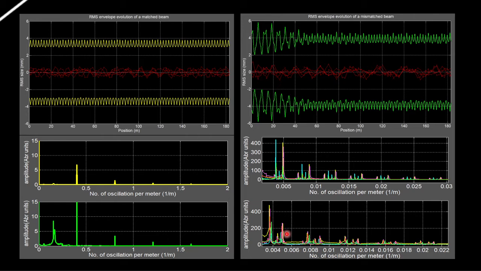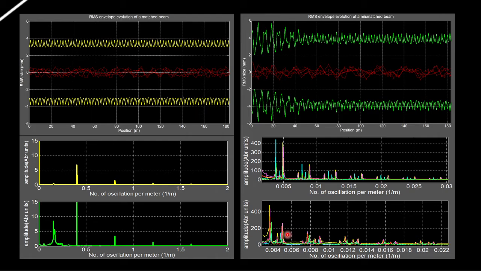So if you take particle A, particle B, particle C and D, in the case of a matched beam they had frequency peaks that were coinciding with each other, but now they have a shift in frequency. Since I have plotted only 5 particles, it's very difficult to see it here. But if you do these calculations and plot multiple particles, say 1,000, 10,000, or 1 million particles, you can clearly see that the spread in frequency in the case of mismatched beam particle oscillation increases.